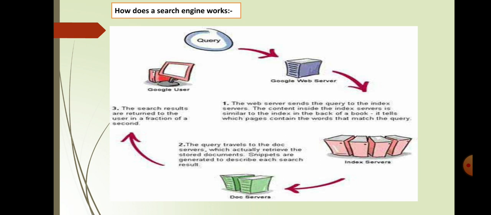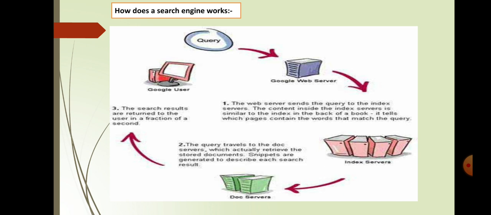Whenever we plan to search anything on the internet using Google or any other search engine, a cycle is completed in order to serve the request. As a user, if you want to search any website or query on the internet using the Google server, first of all we need to open a browser.